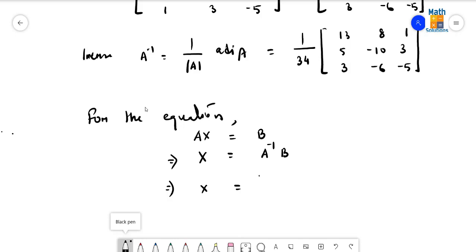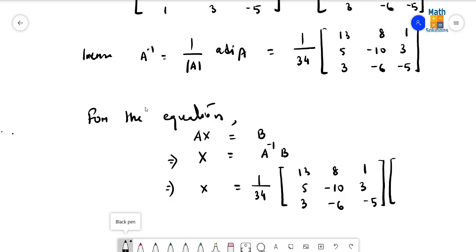In place of A inverse we got the already derived value. So it is 13, 8, 1, then 5, minus 10, 3, then 3, minus 6, minus 5. And that is multiplied with matrix B. Matrix B we already got as 1, then 3 by 2, then 9.